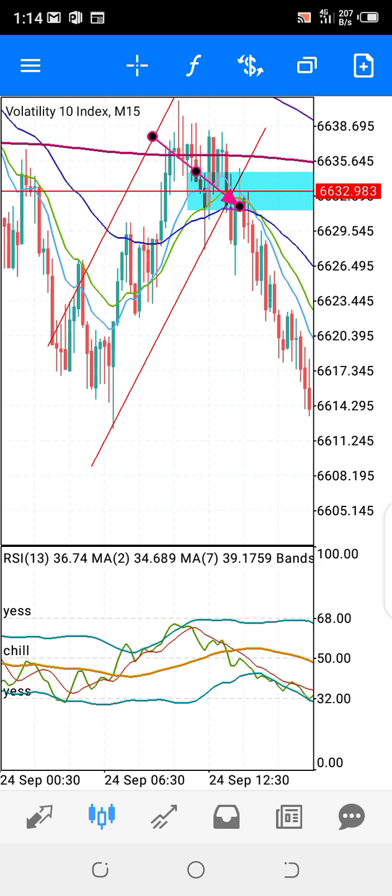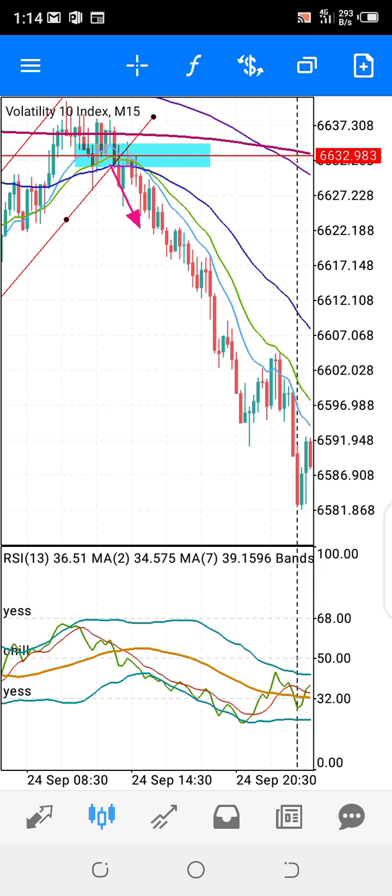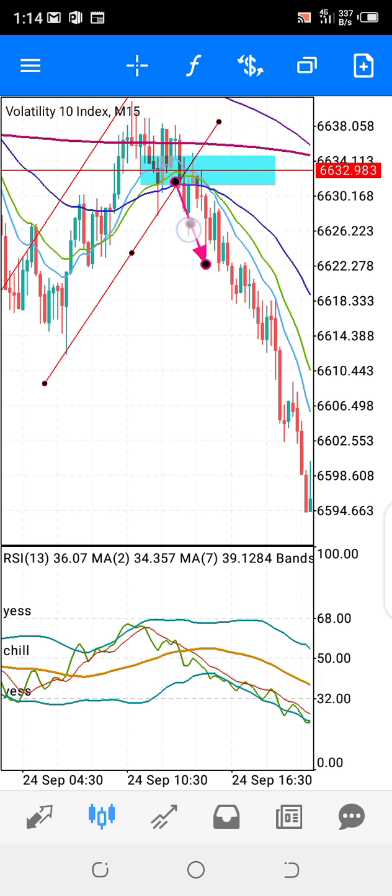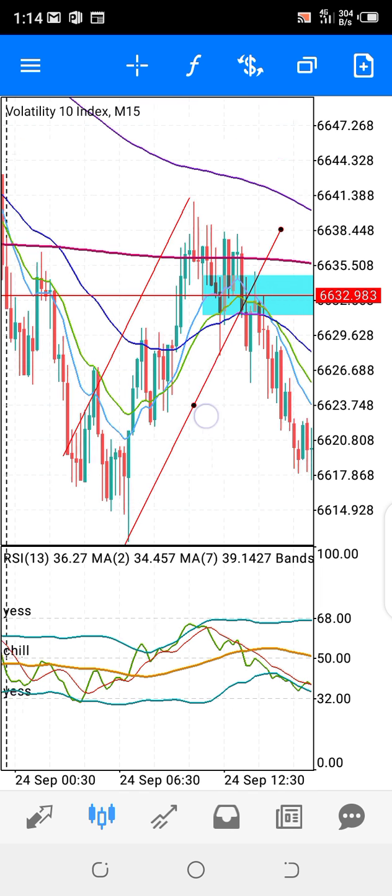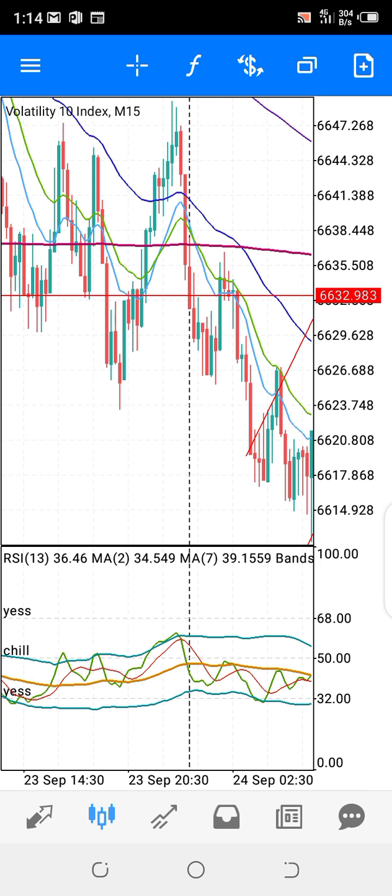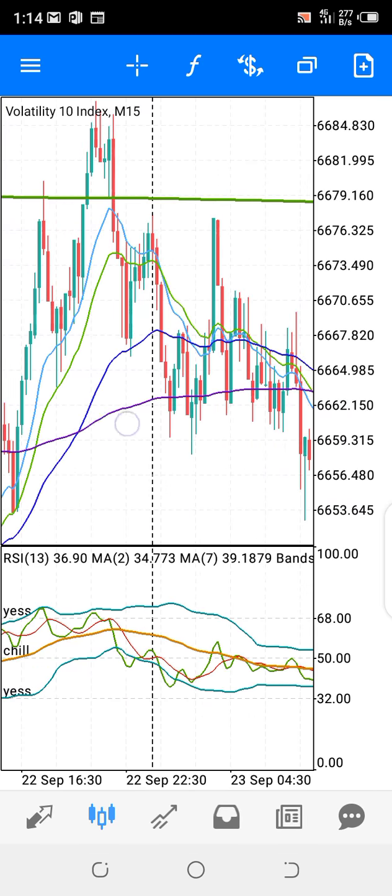The width of this flag pattern. Then I take it, I place it here. That becomes my first take profit for my big lot sizes. Then I allow other lot sizes to go, because big lot sizes don't need to hold for a long time unless you are trailing.